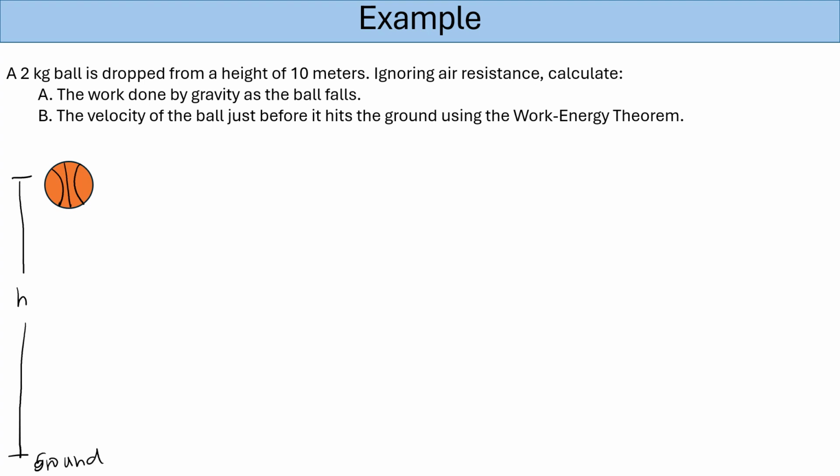So we are asked how much is the work done and the velocity at the ground. Let us say that is the velocity final. So we're going to apply the mechanical energy conservation formula.